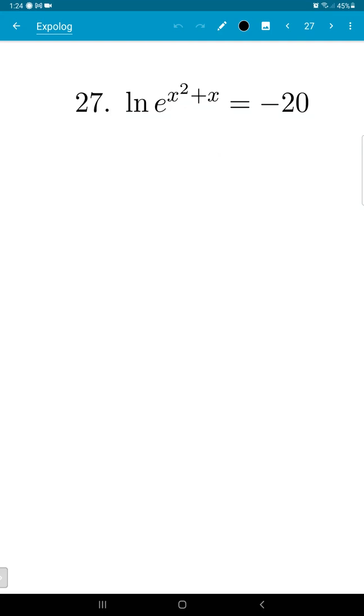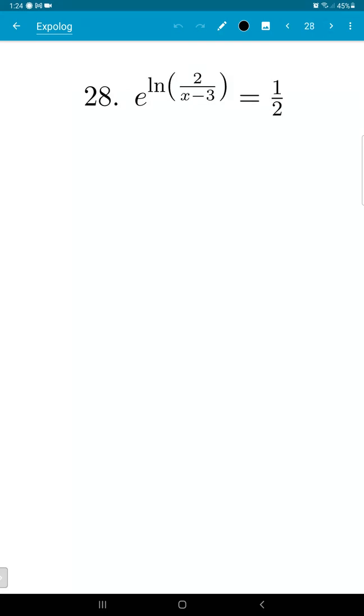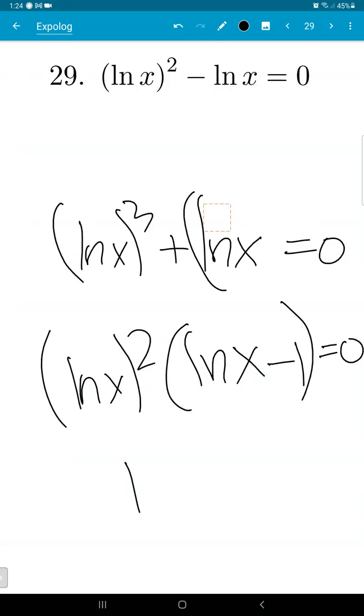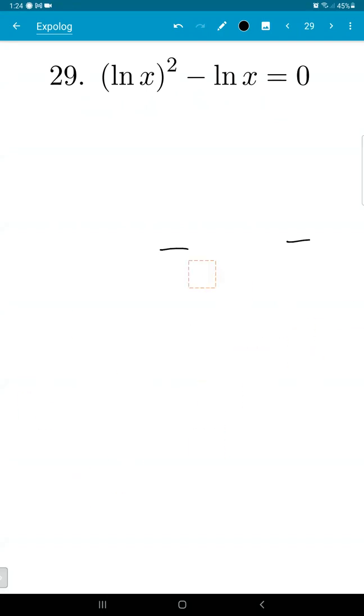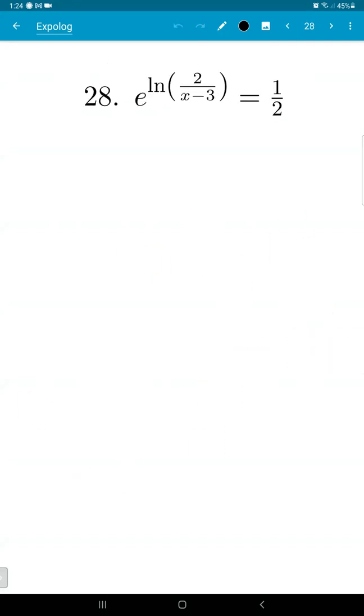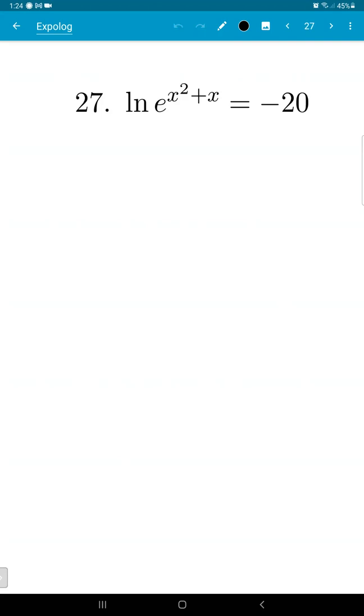Okay, correct. So it's just quadratic. Okay, so the left-hand side just becomes, ln and e cancel out, right?